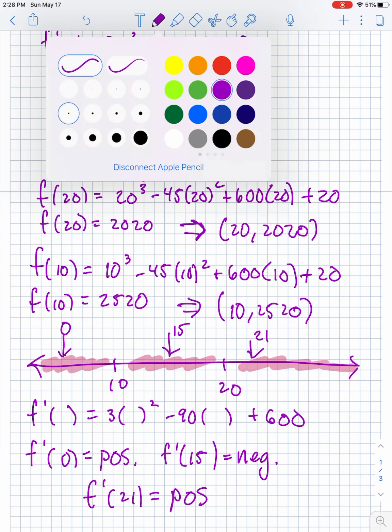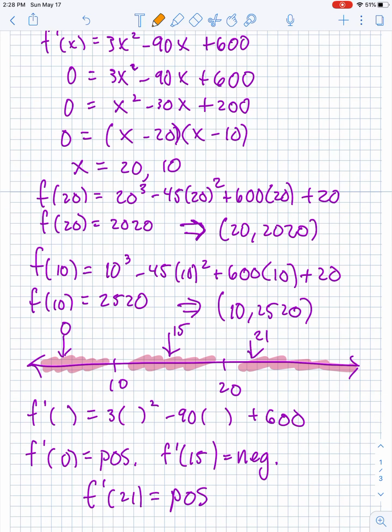So if you think about what's happening with the function, let's do it in orange, make it pretty thick. That means when we plugged in a 0, we got out a positive number. So it's going uphill in this zone, then it's going downhill in this zone, and then uphill in this one. So what that means is the coordinate (10, 2,520) is a mountain. Because if you kind of picture this curve, like I'll connect the dots here, it probably looks something like this.